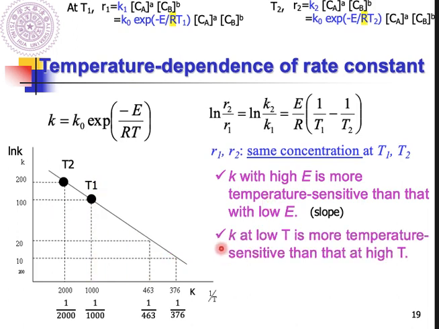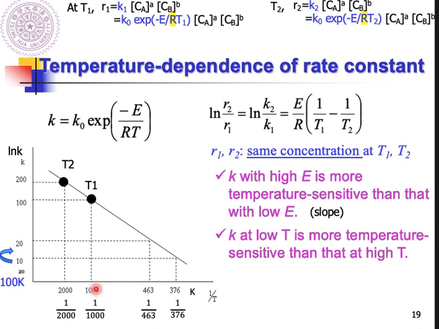The second point highlights that the rate constant at a lower temperature regime is more temperature sensitive than at high temperature. What does temperature sensitive mean? The indicator they point out is that at a low temperature regime, when I increase by 100 K, I can almost double the log k.